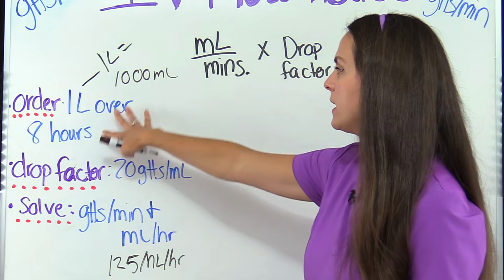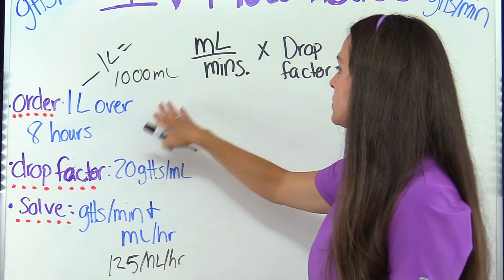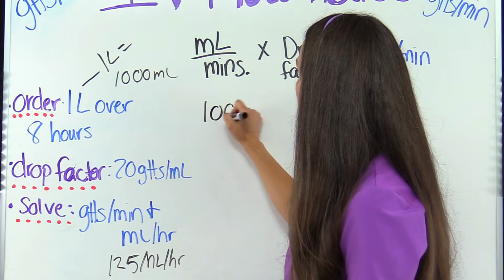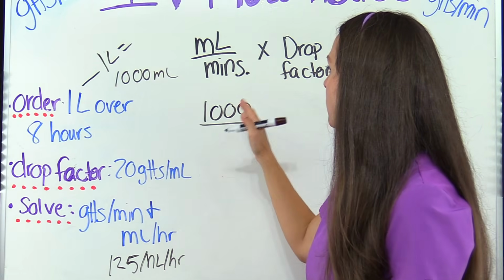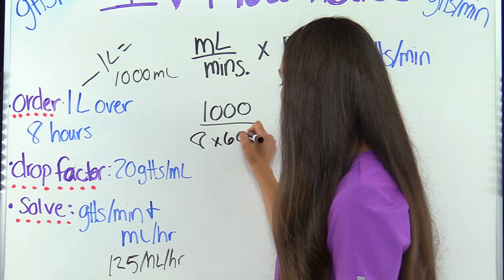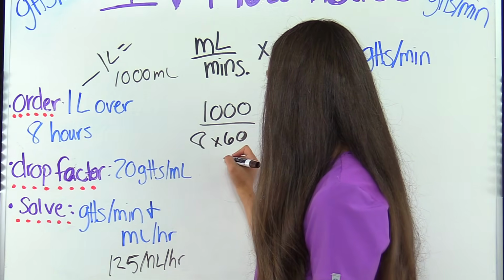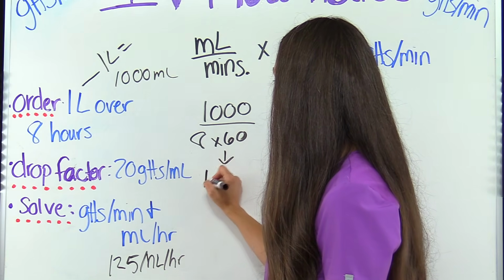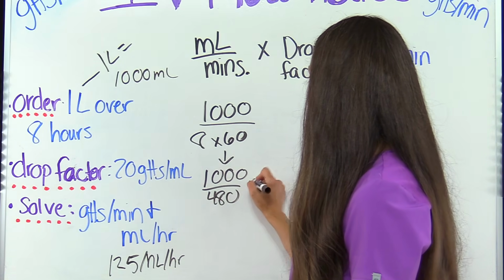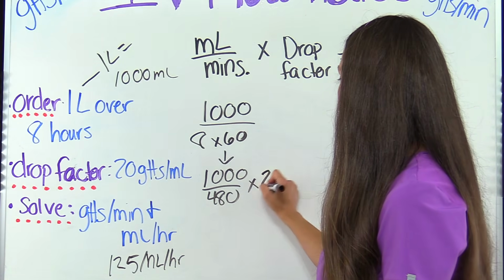First, we're going to plug in just using this information. So we know that 1 liter equals 1,000 milliliters, so 1,000 goes here. Needs to go in over 8 hours. So 8 times 60 is what? It is 480. So it's 480 minutes. We're going to multiply that by the drop factor, which is 20.